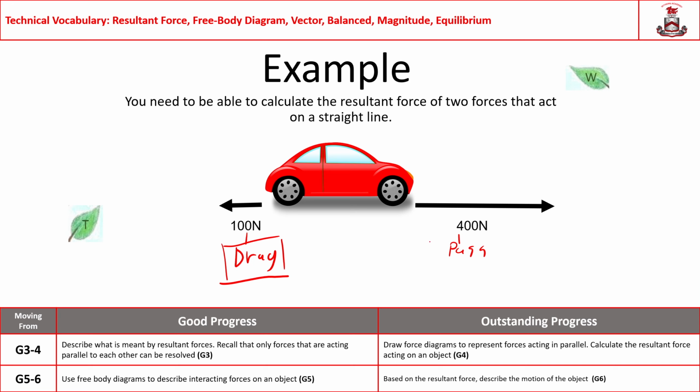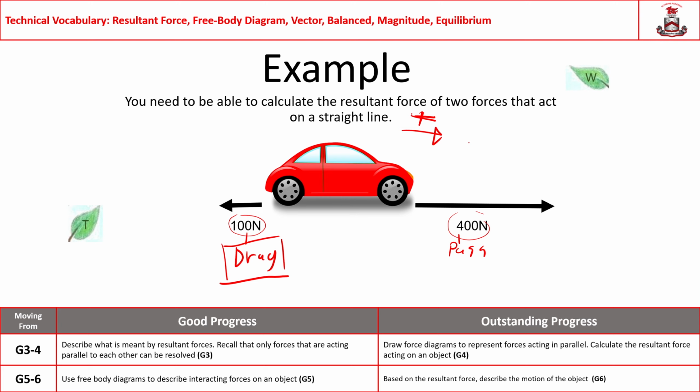Now, there's my push, 400 newtons to the right. My drag is 100 newtons to the left. My resultant force, well, if I say that this way is positive, this is the forward direction, you can see that this one and this one act against each other because they're opposite.